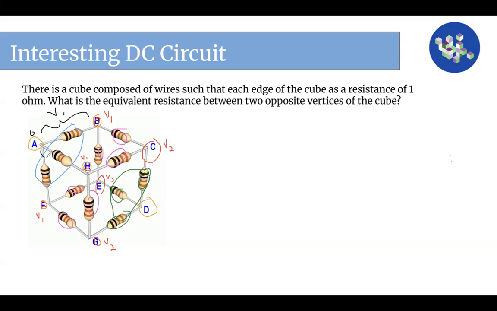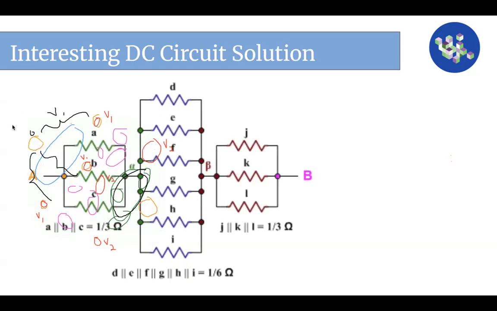Same thing with this resistor, and this resistor. So they'll all be in parallel. Same reasoning with the three green resistors and the six pink resistors. Combining all of this information, we can simplify this 3D cube into a 2D diagram.